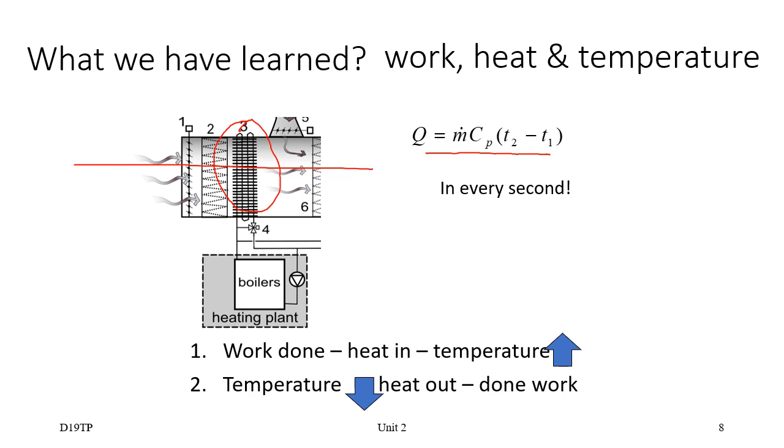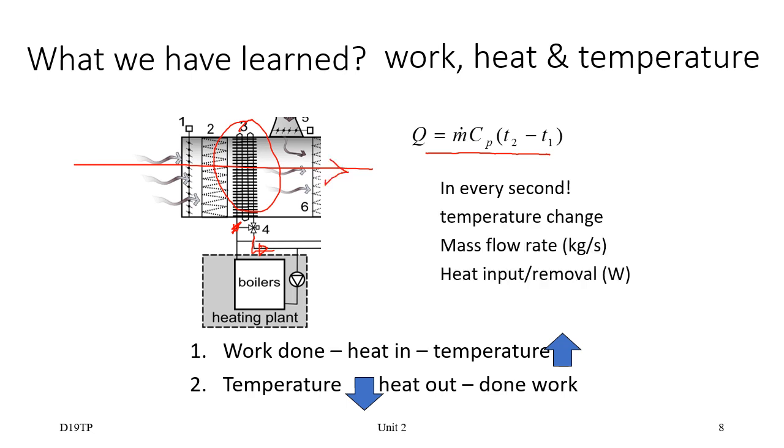If, let's say, the boiler provides hot water coming in here and then coming out here, the hot water is to heat up the air going from here to there. So let's look at how we apply this.